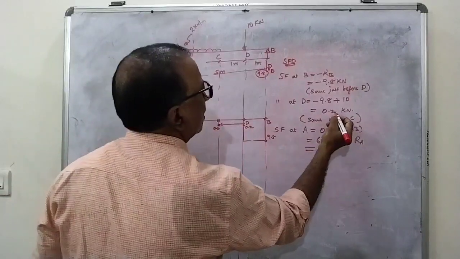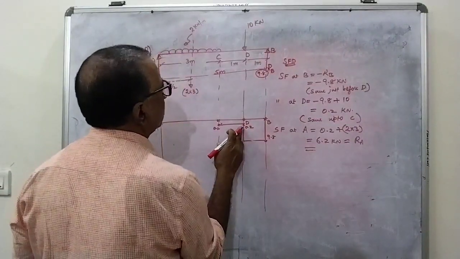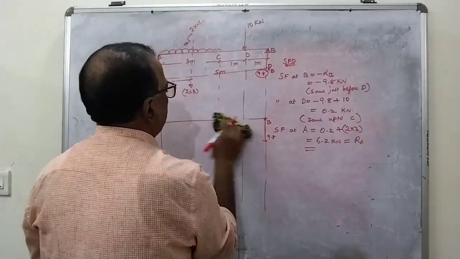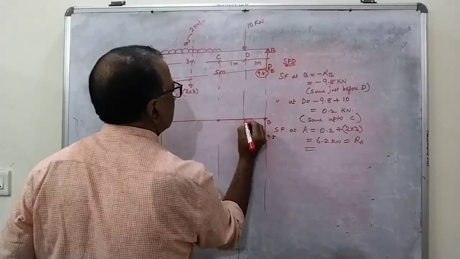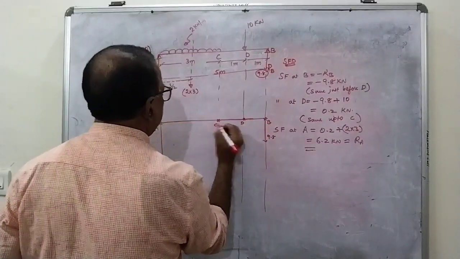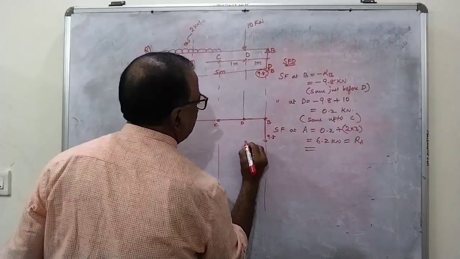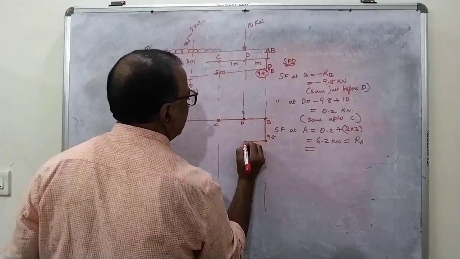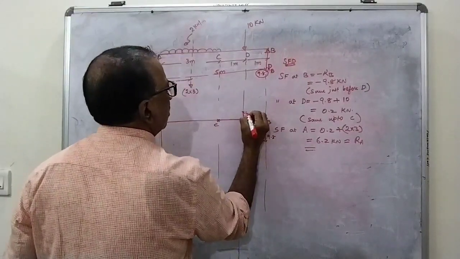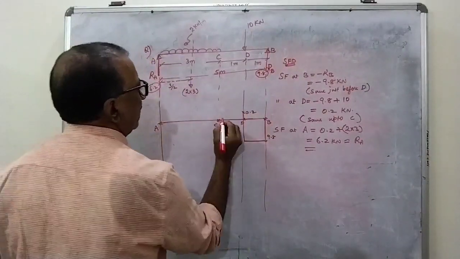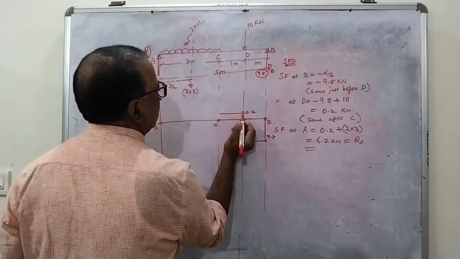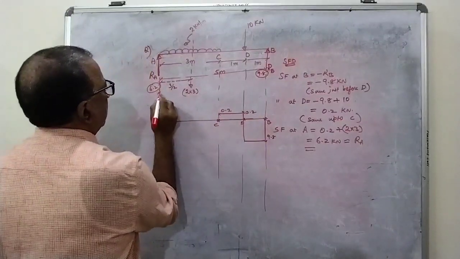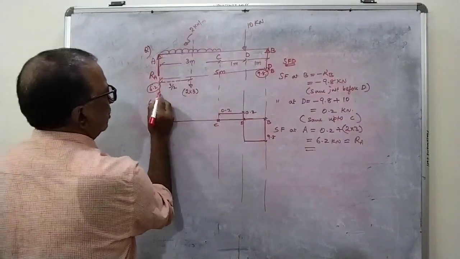Here it is 0.2 here. Point D, point C, point A. Up to D, it is 9.8 minus, and immediately it has changed to 0.2 at D, and this 0.2 is common up to C. From 0.2, it has increased to 6.2.